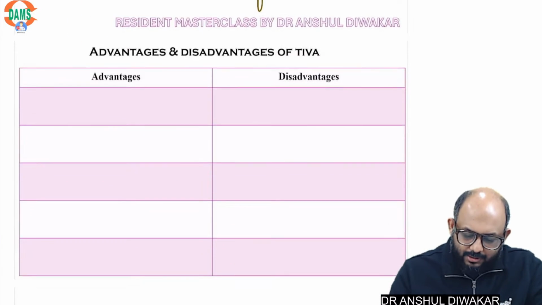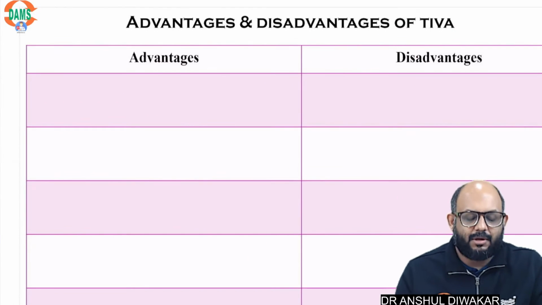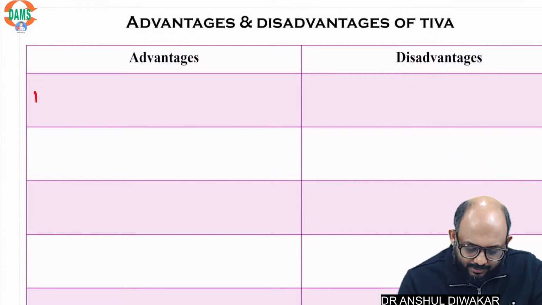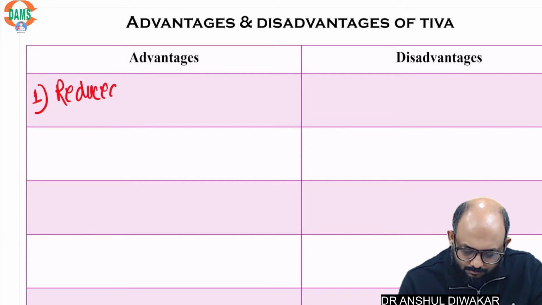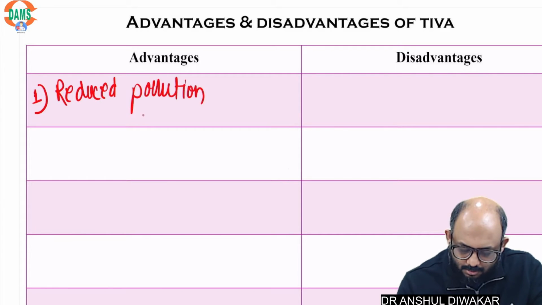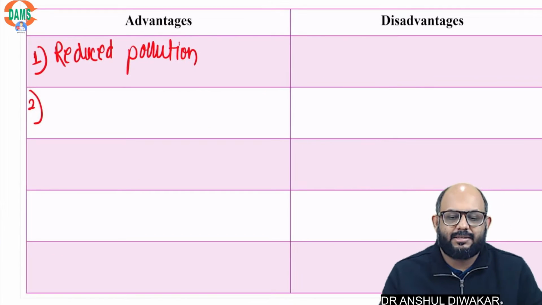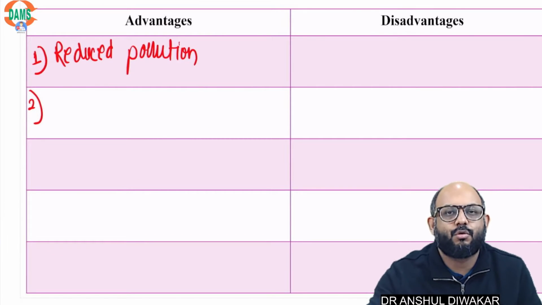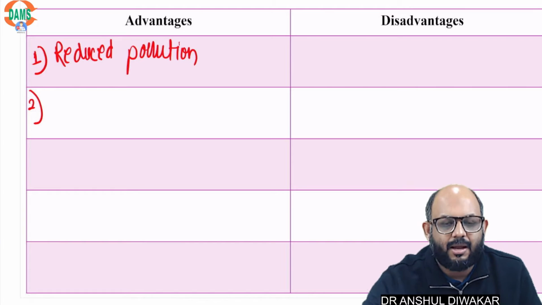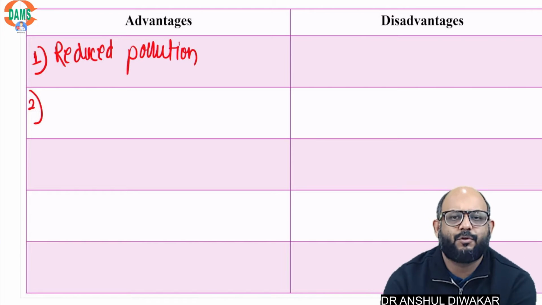Let's look at the advantages and disadvantages of TIVA. Now, what are the advantages of TIVA? Reduced pollution. We have seen in inhaled anesthetic agents that all inhaled anesthetic agents are actually chlorofluorocarbon molecules, CFCs, and all CFCs are pretty harmful for the environment.